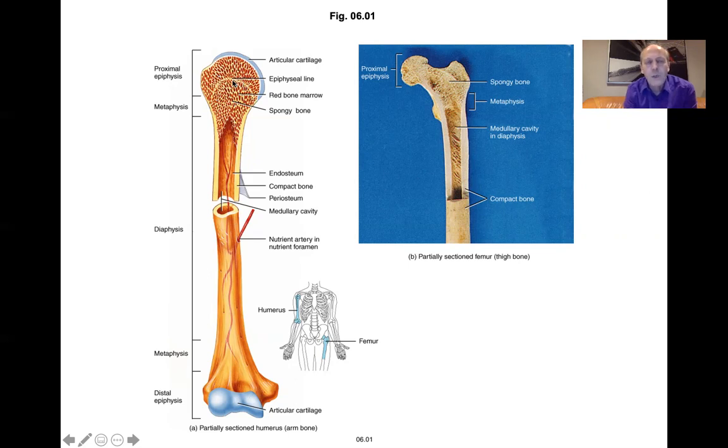This is where part of the bone was cartilaginous from birth all the way to the end of puberty. And that piece of cartilage actually enabled our bones to keep growing in length.